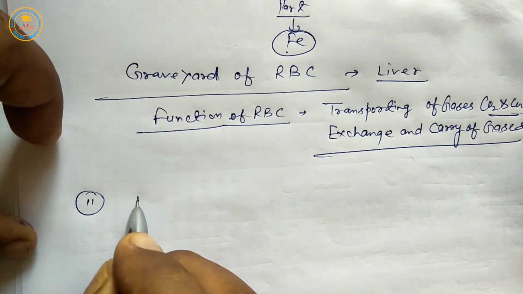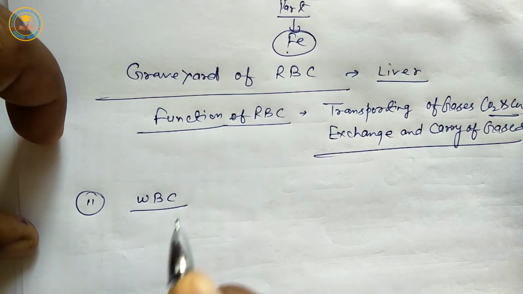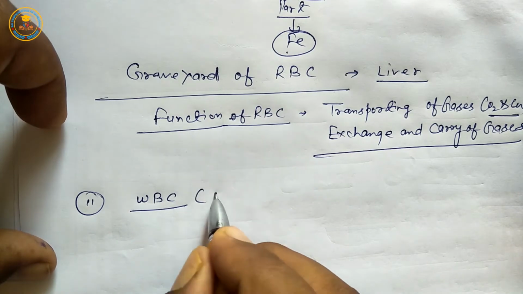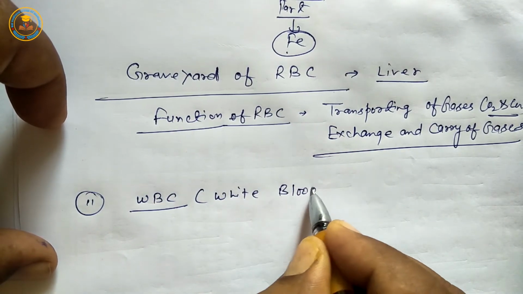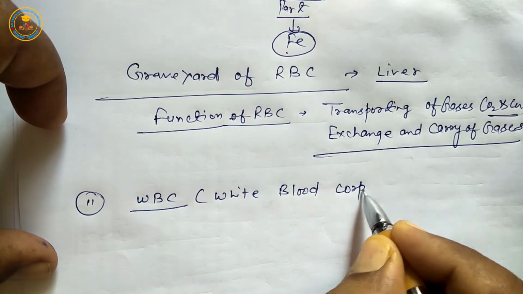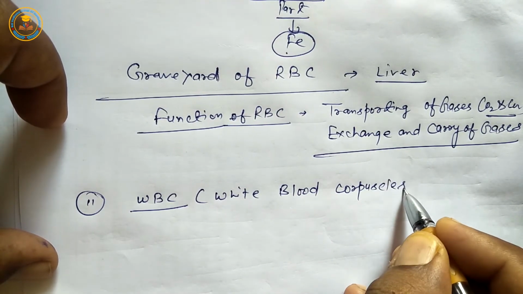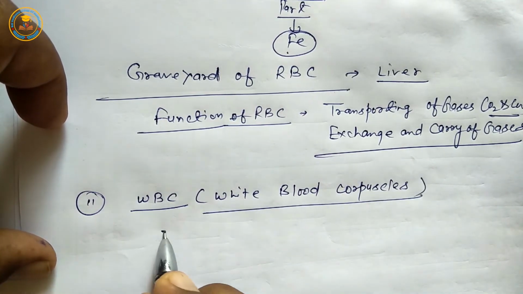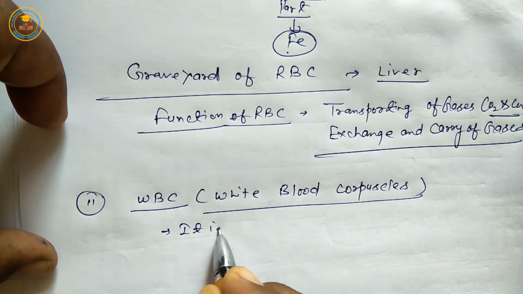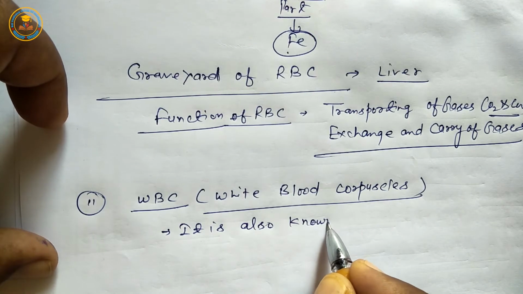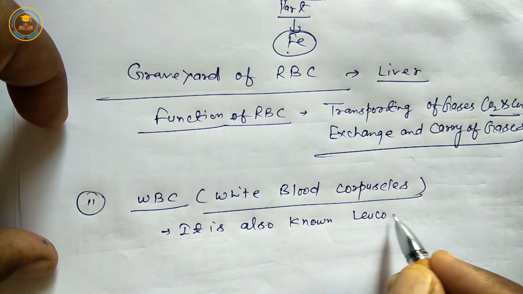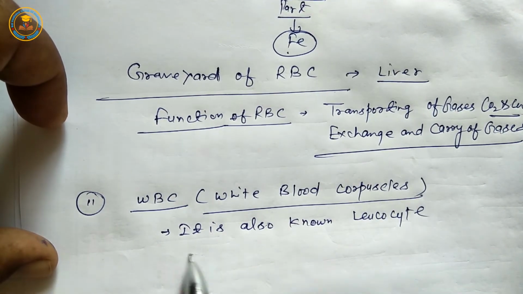Next is WBC, it is white blood corpuscles. Next, it is also known as leukocyte.